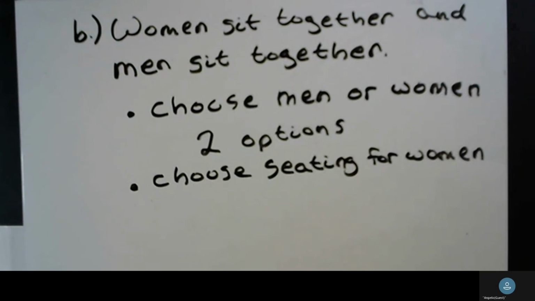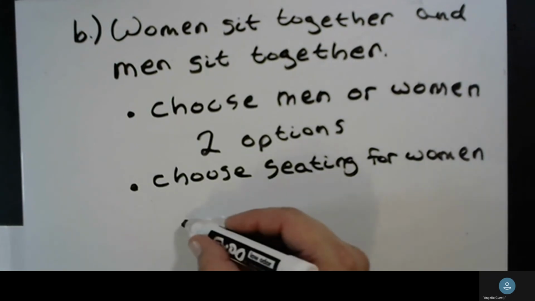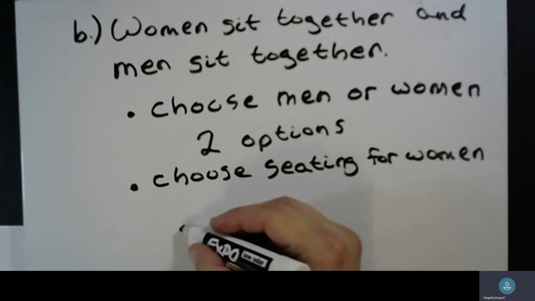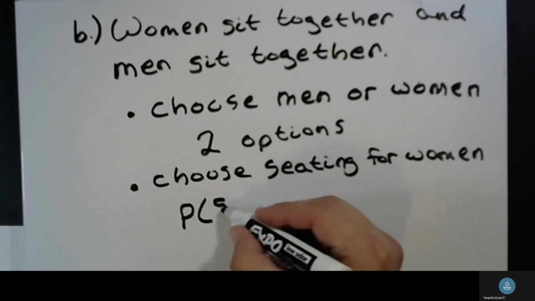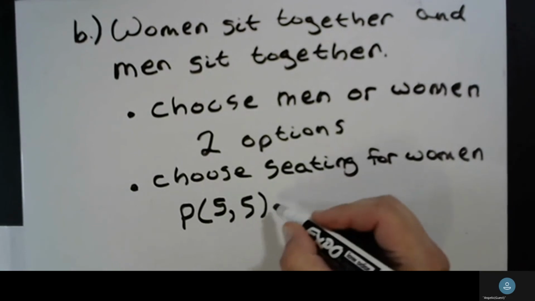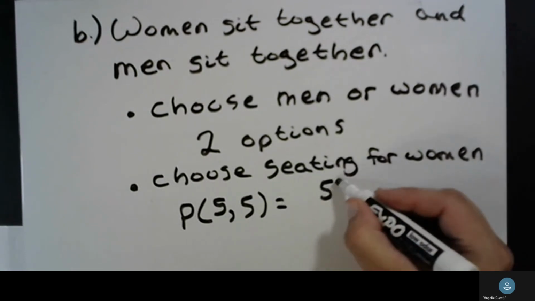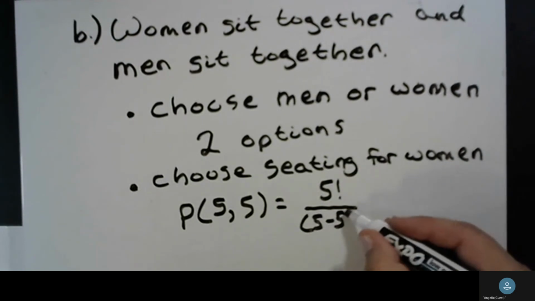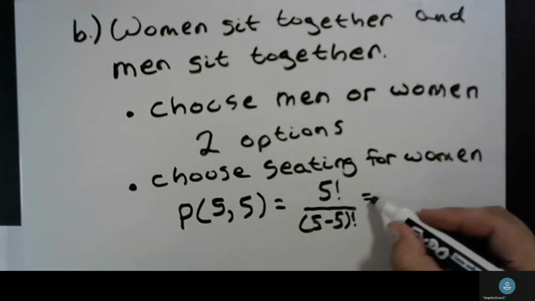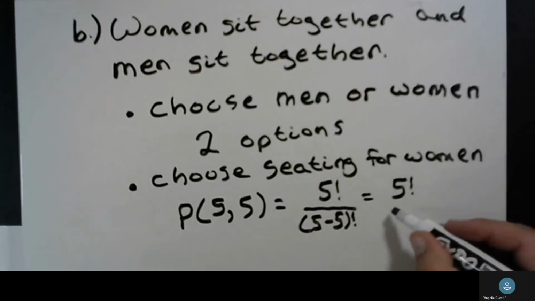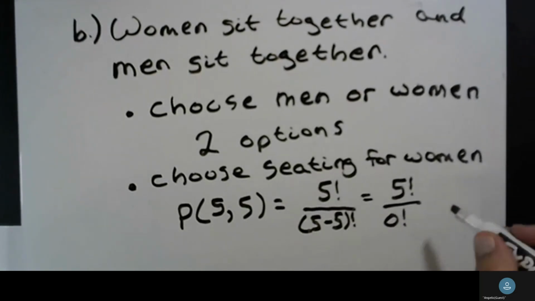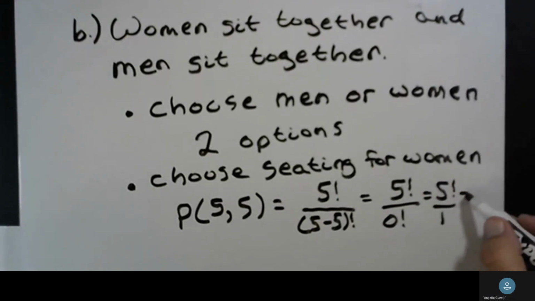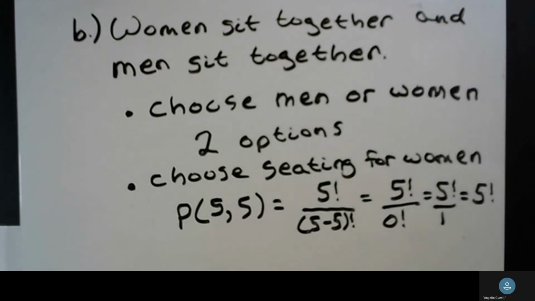There's 5 women, so we choose all 5, or 5 factorial.